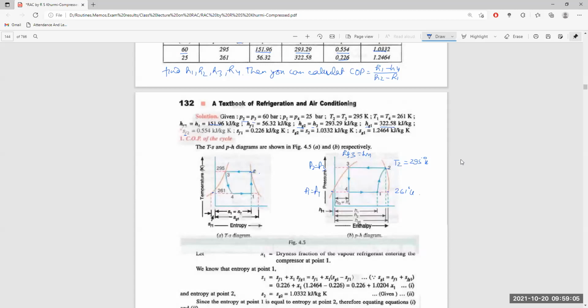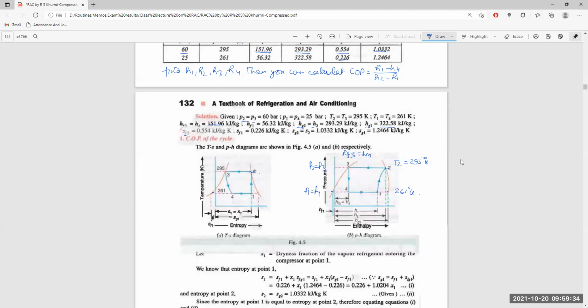Now you have to find out the capacity of the refrigerator itself. What is the heat extracted or refrigerating effect produced per kg of refrigerant? This will be H1 minus H3, or H1 minus H2. H1 is the enthalpy at the end of evaporation, and Hf3, which is equal to H2, is the enthalpy at the beginning of evaporation.